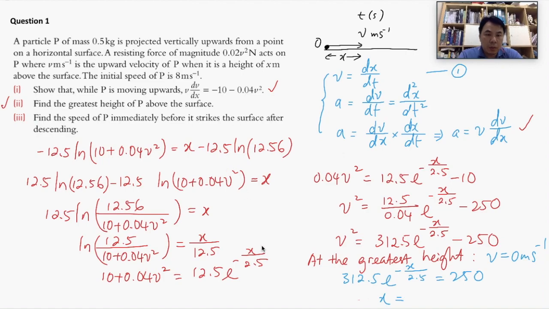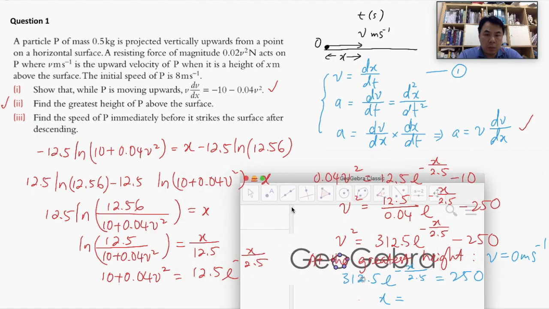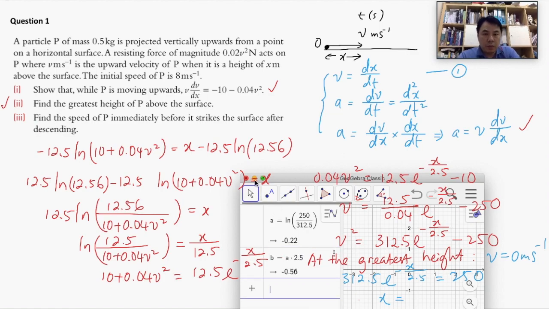That will be ln of 250 over 312.5, and then that would be times 2.5.